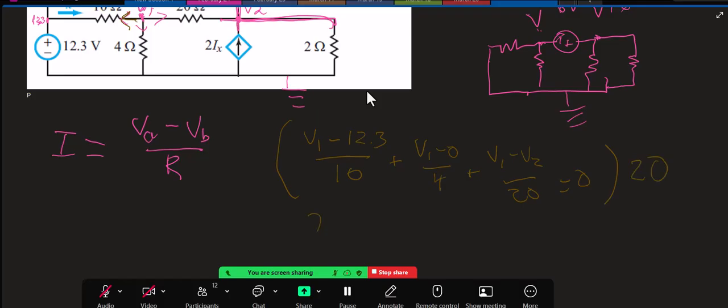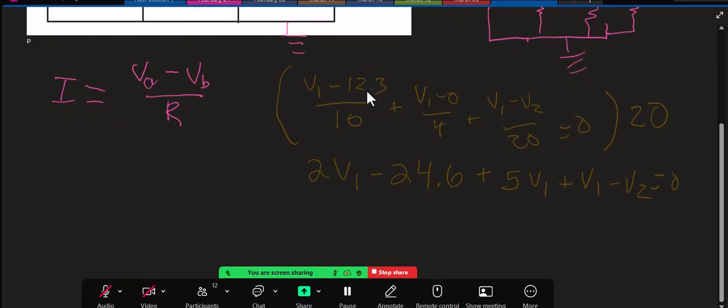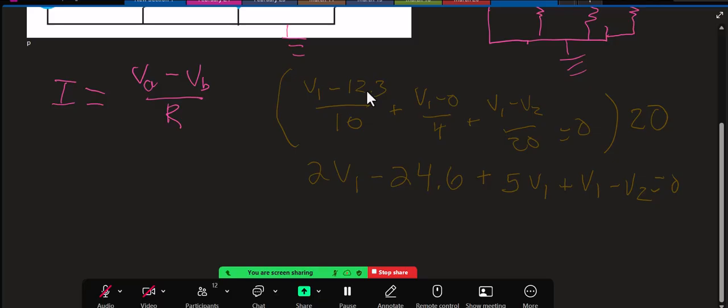So that would be 2V1 minus 24.6 plus 5V1 plus V1 minus V2 equals 0, which gets me 8V1 minus V2 equals 24.6. Does anybody see where I missed?